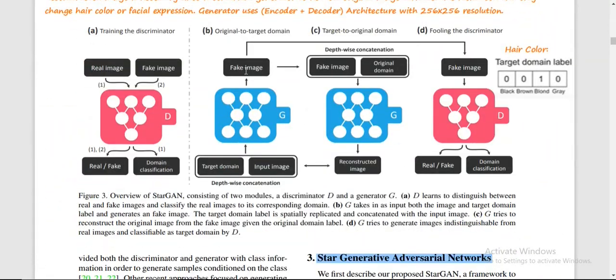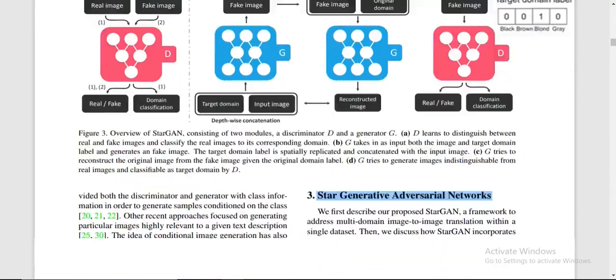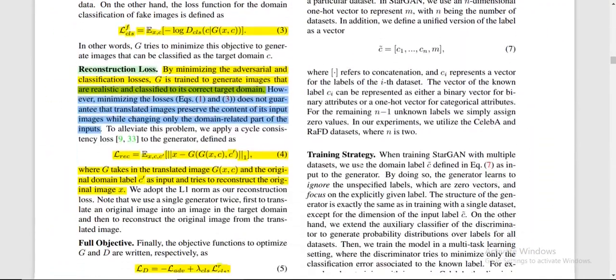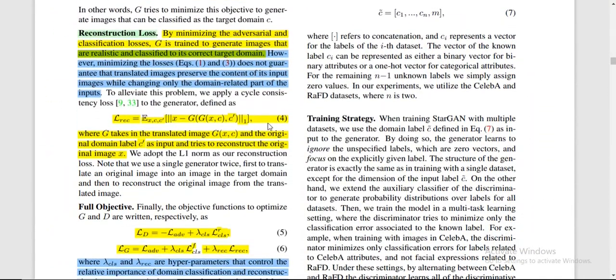The generator takes the input image X and generates the fake image conditioned on C, the target domain, and it is passed to the same generator, same architecture, conditioned on the original domain C dash, and it generates the reconstructed image. And we take the pixel-wise absolute difference between the input image and the reconstructed image, that is the reconstruction loss.